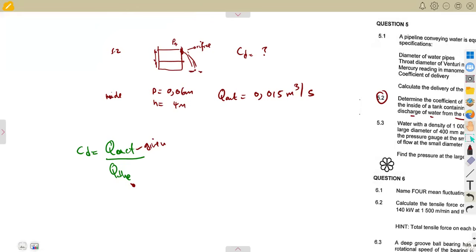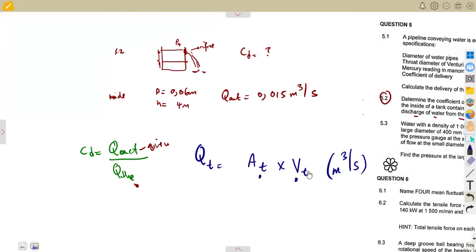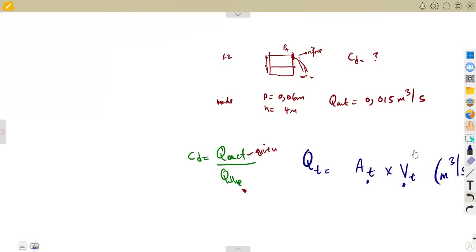So it follows that QT, which is the theoretical flow, is equal to the theoretical area times the theoretical velocity, in cubic meters per second, where we need the theoretical area and we also need the theoretical velocity. Remember, theoretical velocity can be taken from the square root of 2gh in meters per second.